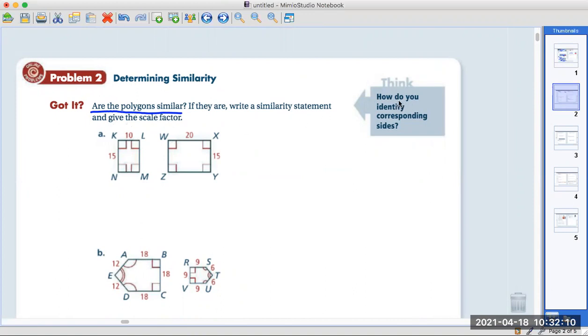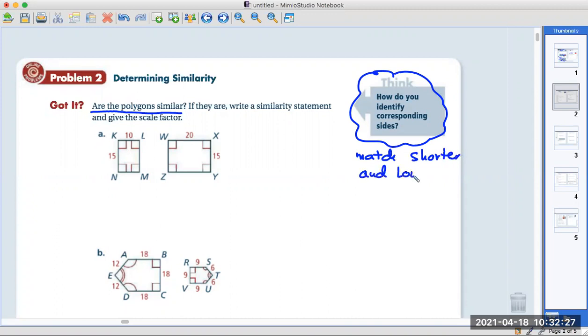How do you identify corresponding sides? They're not giving us that similarity statement, so you kind of have to look and match shorter and longer sides, because there's two shorter and two longer. It's a rectangle.